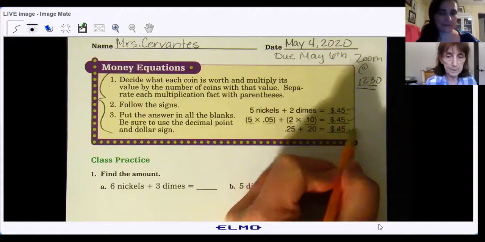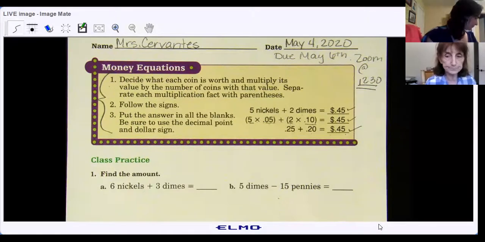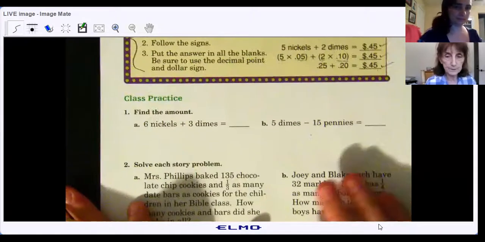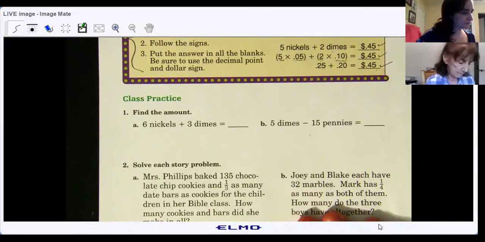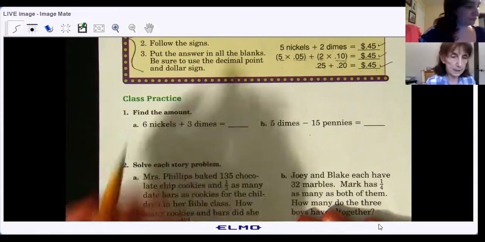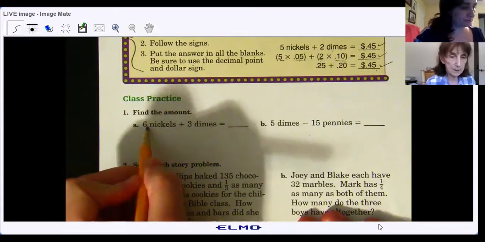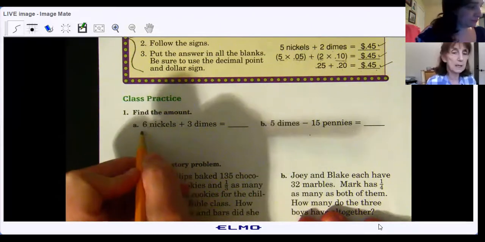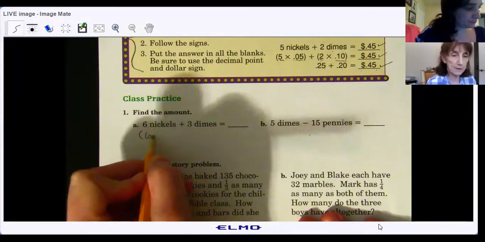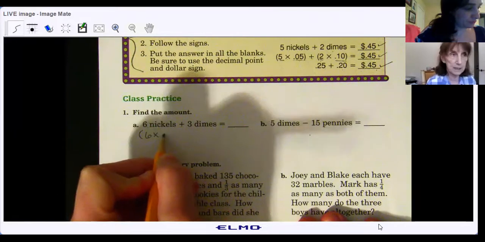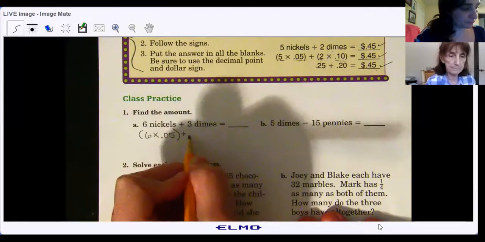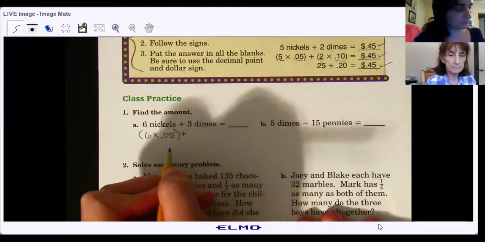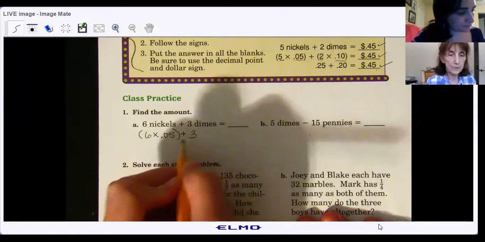Okay, let's practice. Let's do the first one. You have 3 steps you have to do. We have 6 nickels. So 6 times, what's the value of a nickel? 5. So 6 times 0.05 in parentheses, plus 3 dimes.